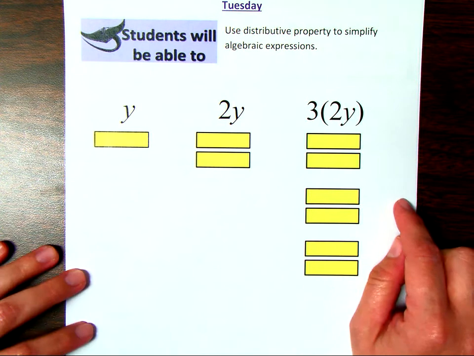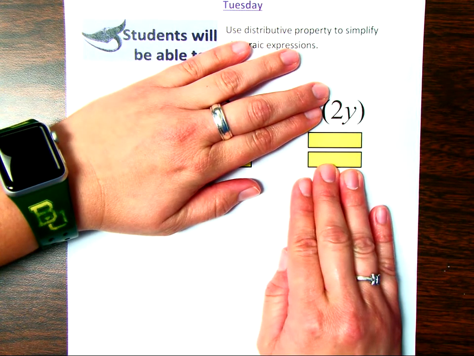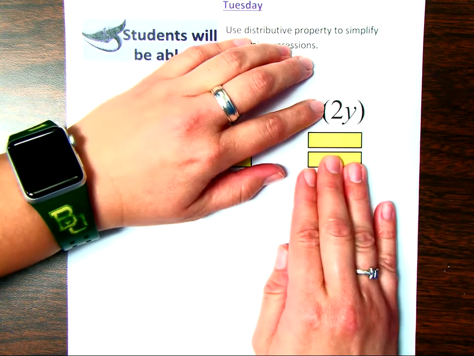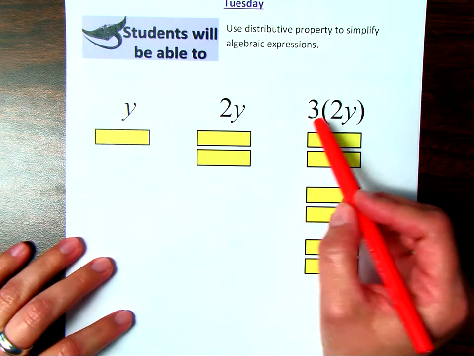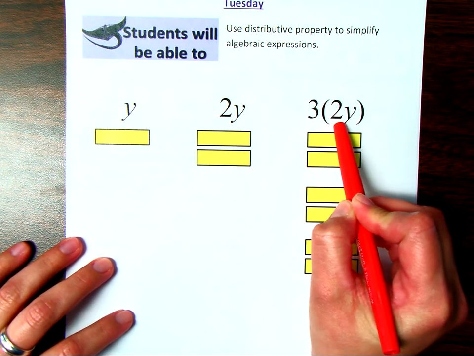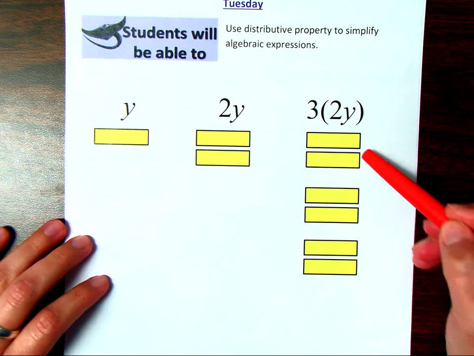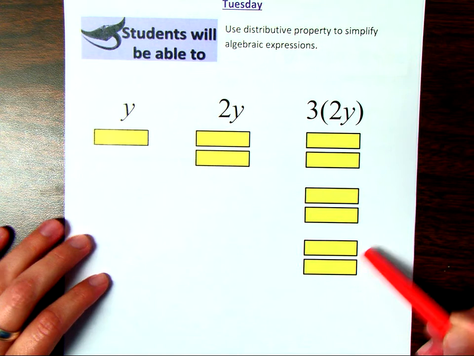Well, in this situation, if I have 2y in my group, because my parentheses are grouping symbols, and I have a 3 on the outside, that means I have 3 groups, where in every group I have 2 y's. So 2 y's, 2 y's, and another group of 2 y's.